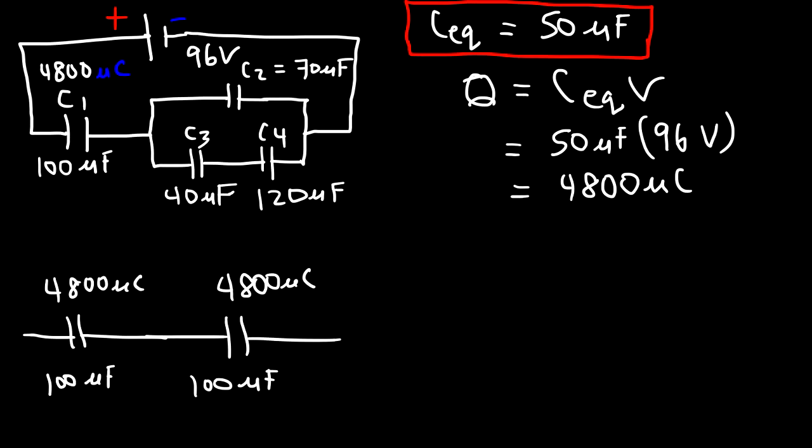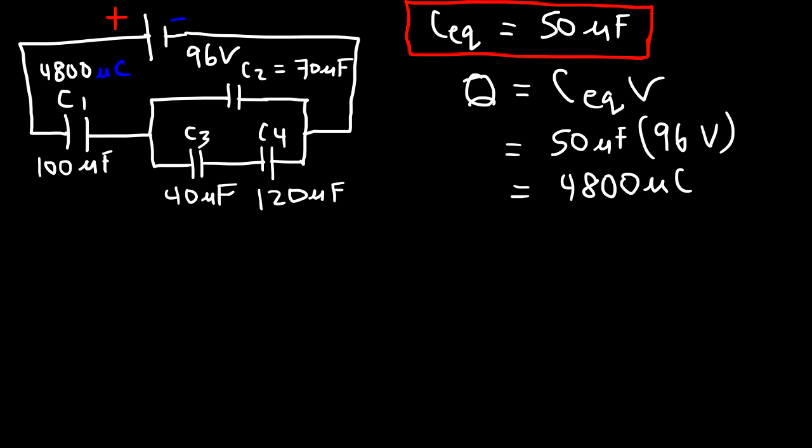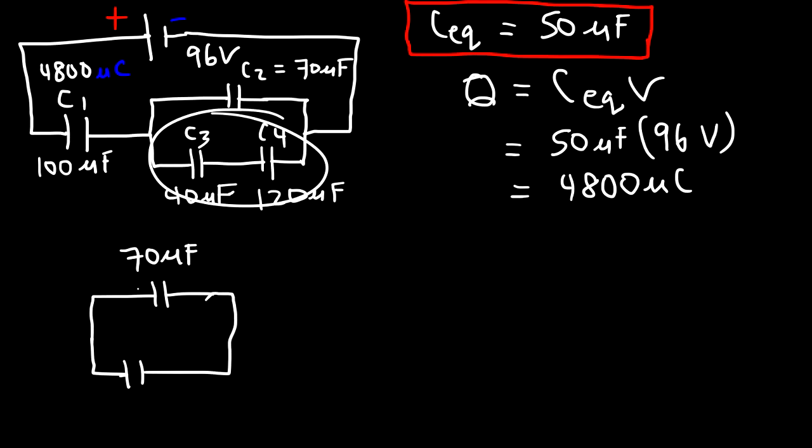Now we need to focus on the other three capacitors. We have the total charge on all three of those capacitors. So now we need to break it down. So this network is equivalent to these two capacitors in parallel. So that's C2, which is 70, and that's the combined effect of C3 and C4, which earlier we got was 30.